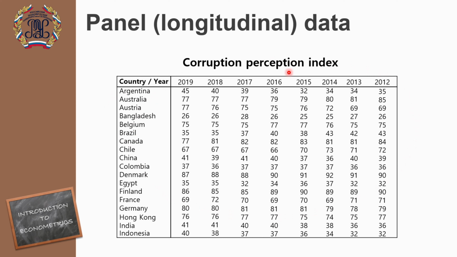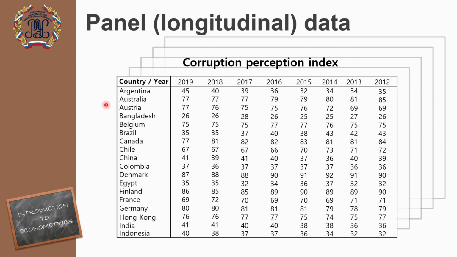We can measure not only the corruption perception index, but for example, unemployment, inflation, GDP, and so on. So to store this information, it would require an additional dimension. So all these two-dimensional tables get stacked up like this, creating a three-dimensional cube. And such structure is called longitudinal data.